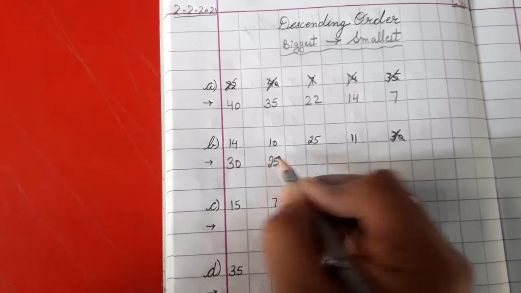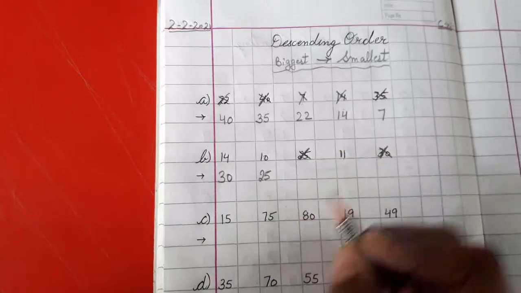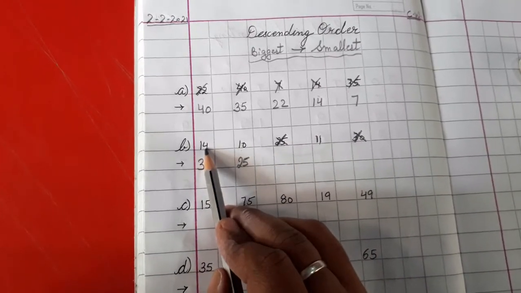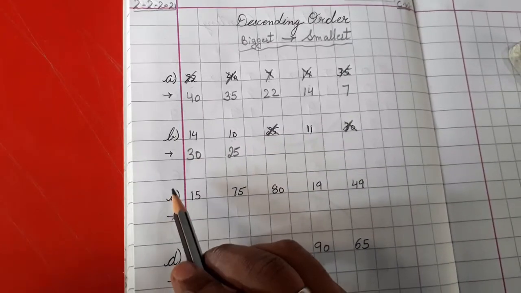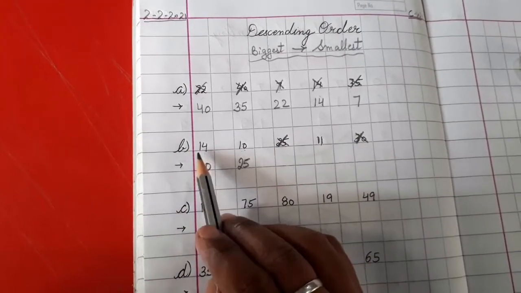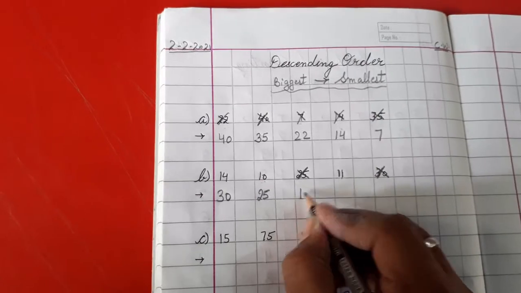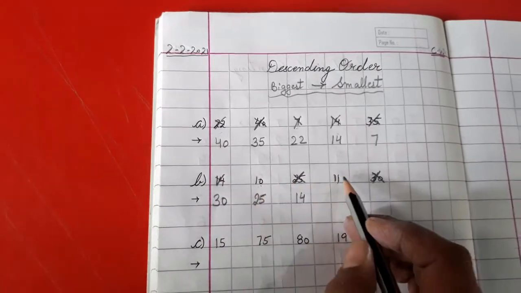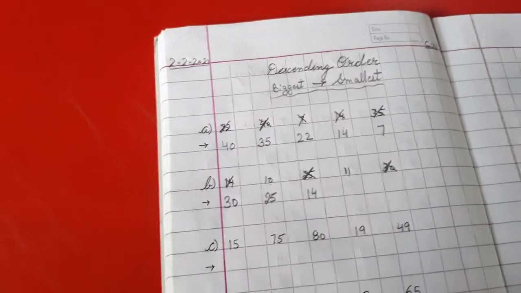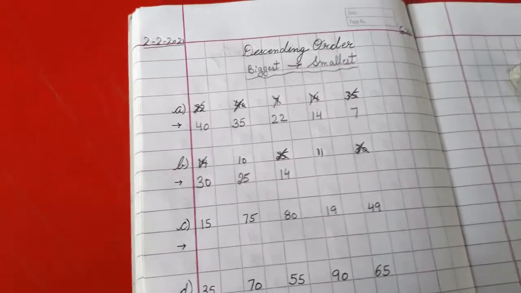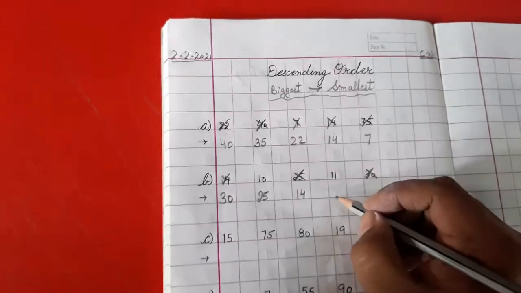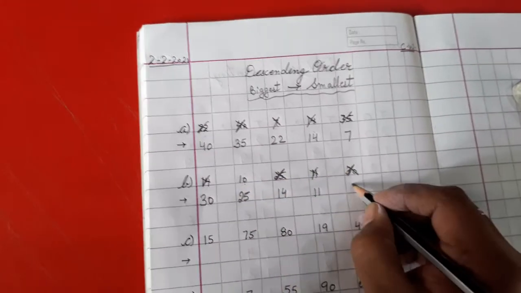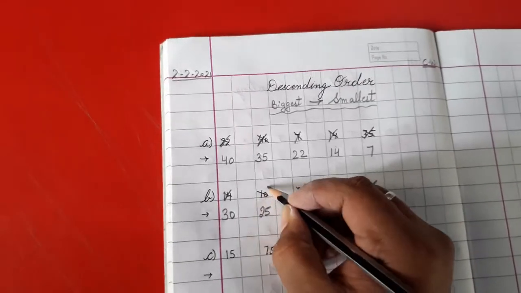So copy 25 and cross from the upper line. Now we have 14, 10, 11. Now which is the biggest? 14. So we will copy 14. Now we have 10 and 11. Now tell me which of 10 and 11 is bigger? 11. So copy 11. And last we are going to copy 10 and put a cross here.